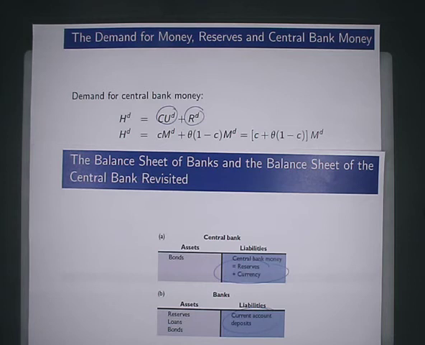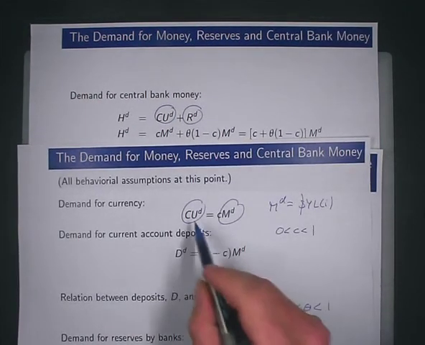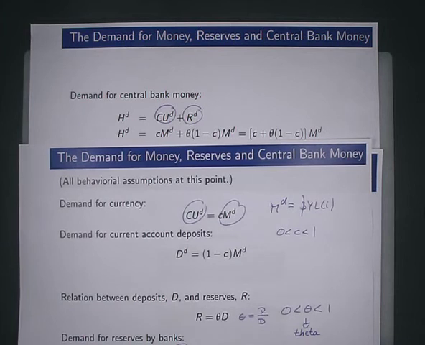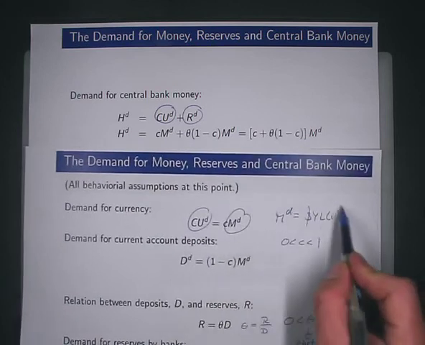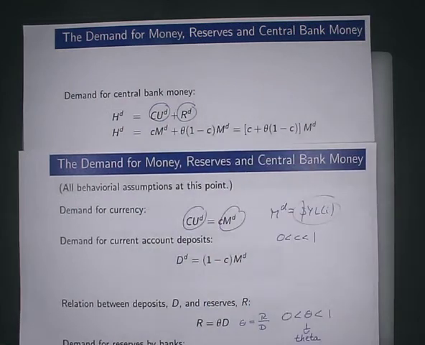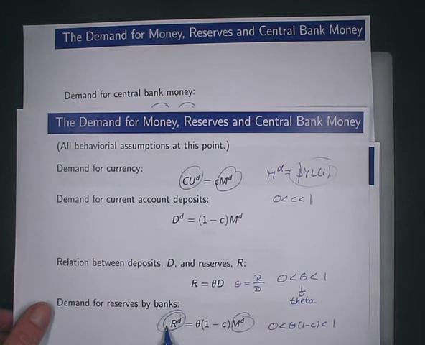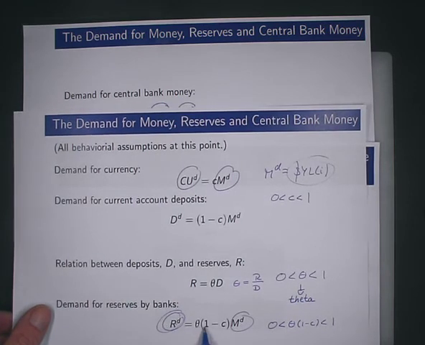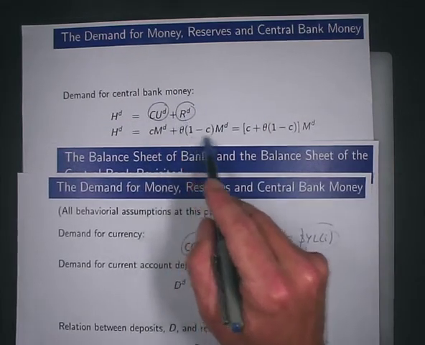We have derived the demand for reserves and currency on the previous slide, so we simply have to add them up. We have c times the money demand, which is the demand for currency, and we have the demand for reserves by banks, that's theta times 1 minus c times the money demand.